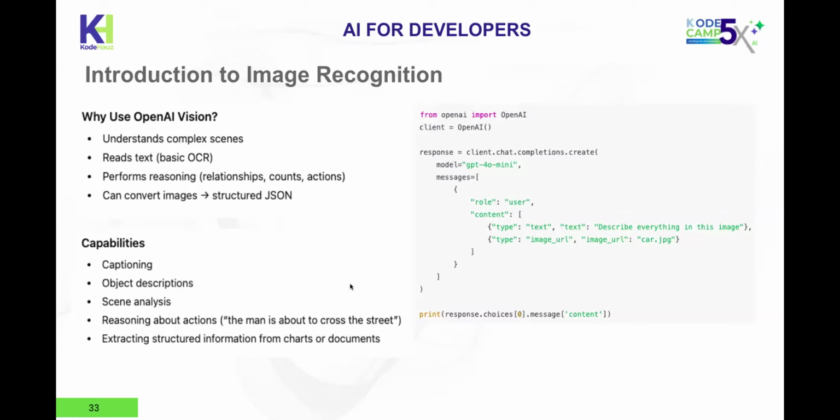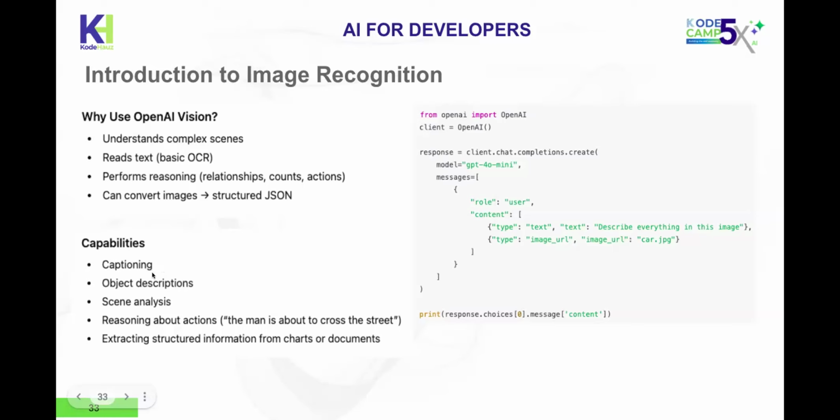It does that. So the OpenAI Vision understands complex scenes, it reads text, does basic OCR, it performs reasoning as well, relationships, counts, actions, and it can convert images to structured JSON. So you can actually give it an image and prompt it to give you a structured JSON containing whatever you ask it to generate.